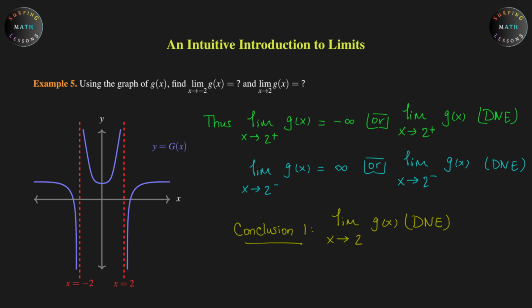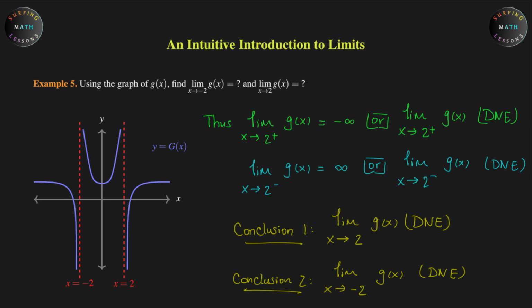One can do a similar analysis as before, or argue by using symmetry of the question and symmetry of the graph that the same conclusion must also be true for the limit point c equals minus 2. Hence, the limit of g of x as x approaches minus 2 does not exist.